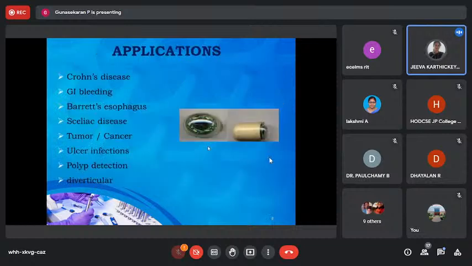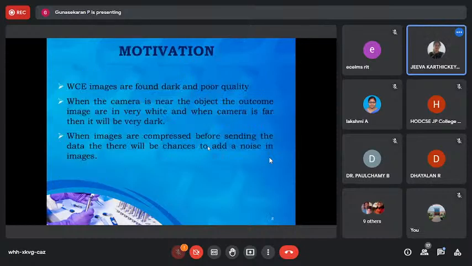These types of images are used to identify and diagnose various diseases in the GI tract, particularly Crohn's disease, GI bleeding, celiac disease, tumor, ulcer detection and polyp detection. These are the main diseases diagnosed using PillCam images.